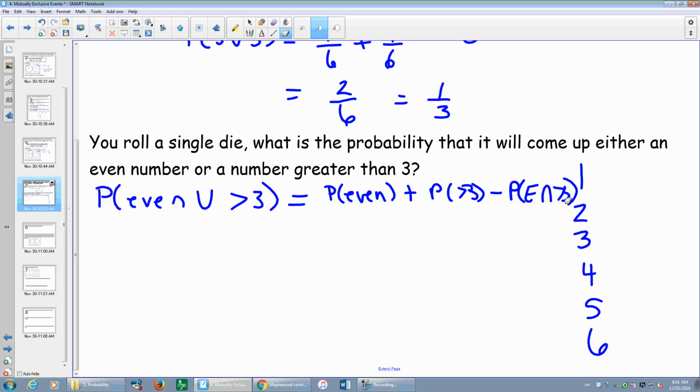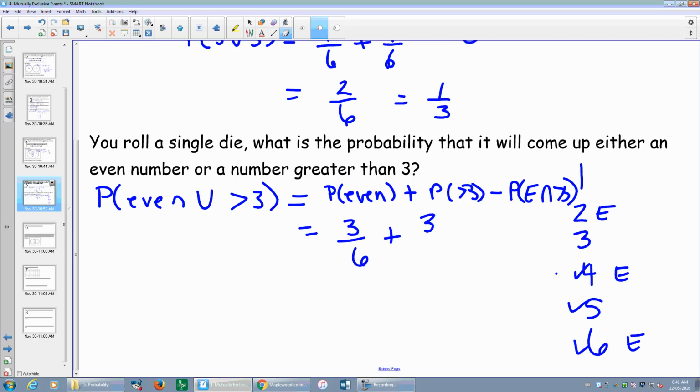So, Spencer, can you help me out here? What is the probability of me rolling an even number? Good. 3 over 6. This is even, even, even. Plus the probability of rolling greater than a 3. Scott, what's the probability of me rolling a number bigger than 3? Good. This is greater than 3, greater than 3, greater than 3.